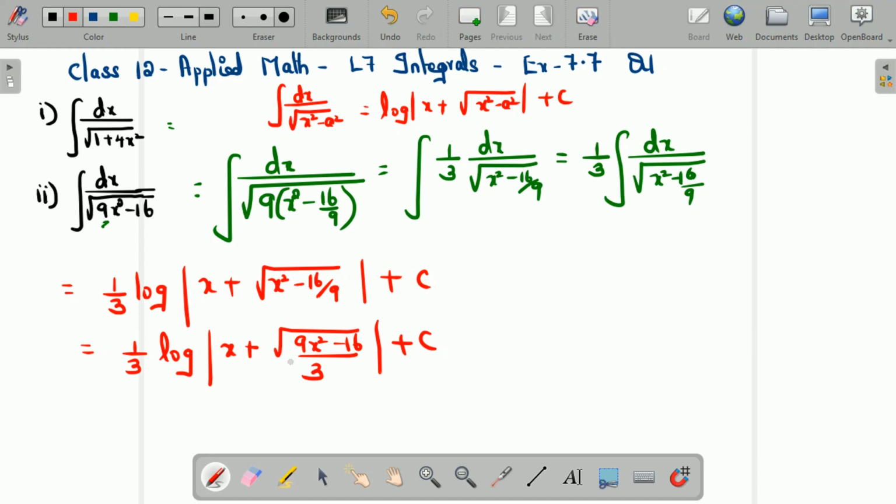And in the next step, like in the previous subsection, I'm going to write this 3 here, but I'm going to remove this 3 because by 3 it will be a constant which I can tag along with the constant plus c. So your final answer will look as 1 by 3 log of 3x plus square root of 9x square minus 16 plus c.